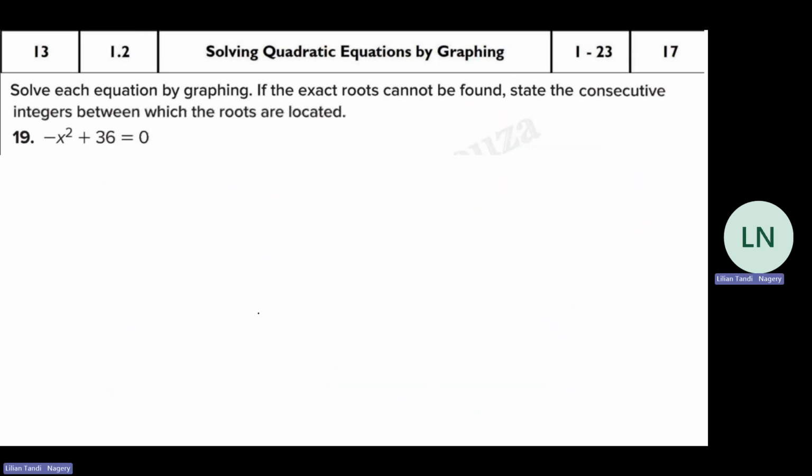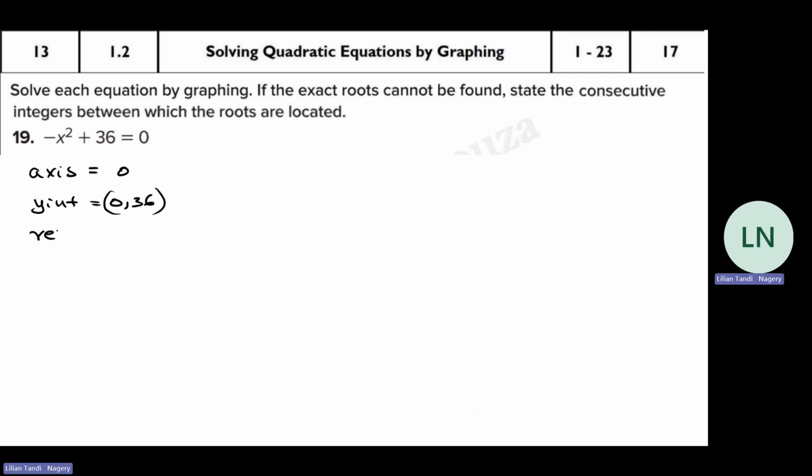All right. So this one, I did the same thing. I found my axis. I got 0. I found my y-intercept, 0.36.